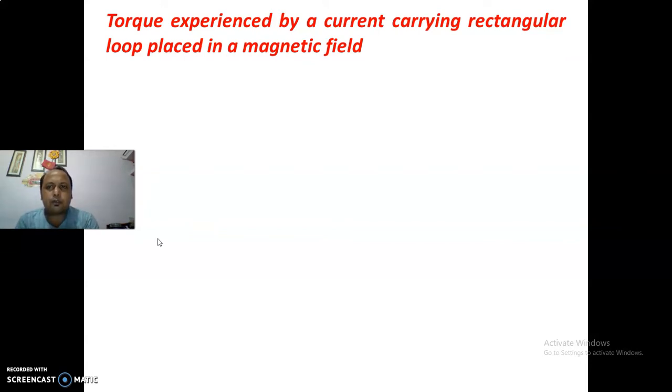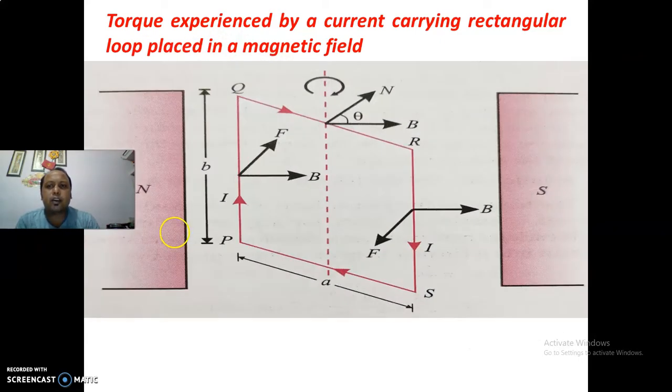So now we are going to discuss that when we consider a rectangular coil, you can see here the rectangular coil PQRS. In this rectangular coil, the two poles are taken. One is the north pole, another is the south pole.